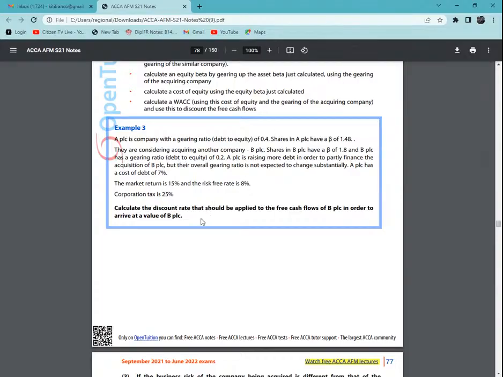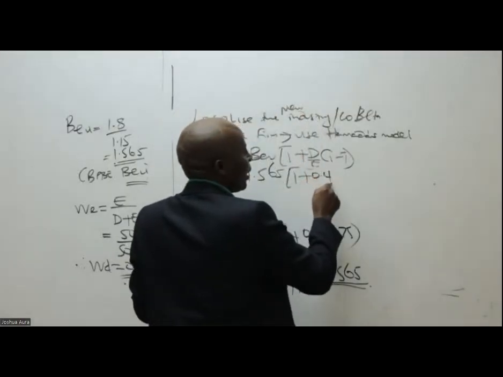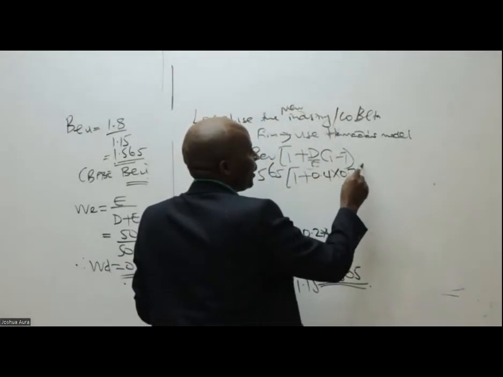Down here, what will be the WACC if the firm is entirely financed by equity? So I know debt there is 0, equity is 100%. They never gave us any more information in the question, so we shall go back to company A, whose debt to equity is 0.4. So we put 0.4 here, and then we have 1 minus tax of 0.75.